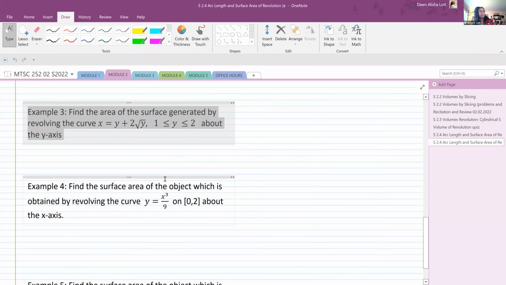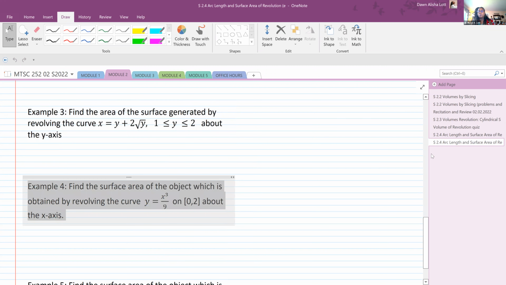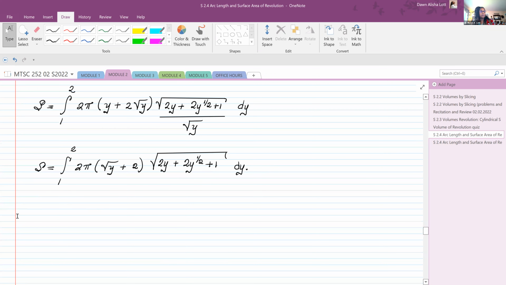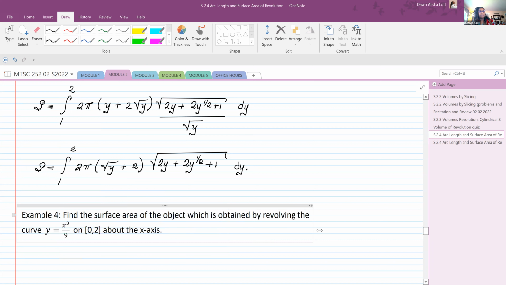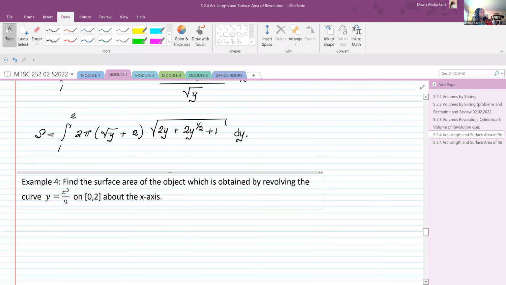Now this one, you have to do all the way through. And this one is y is equal to x cubed over 9.